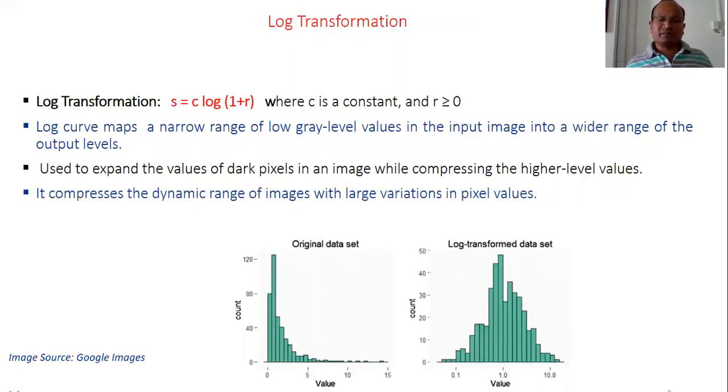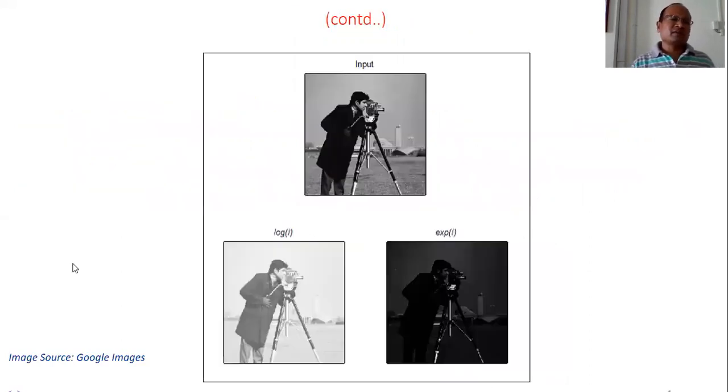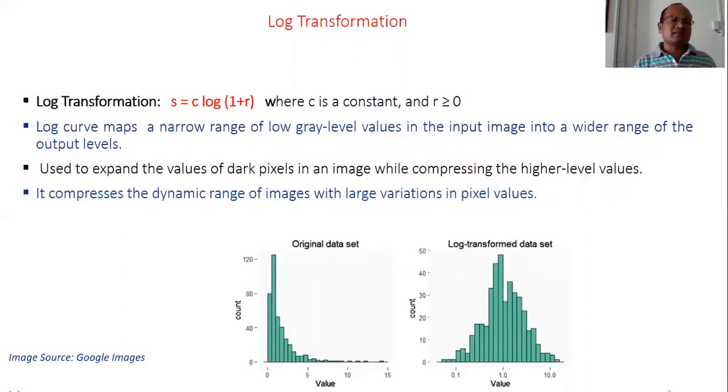Log transformation. For the log transformation, the transformation function is written as S equal to C log of 1 plus R, where R is the input intensity value, S is the output intensity, and C is a constant. R is the input intensity value that must be greater than or equal to 0.